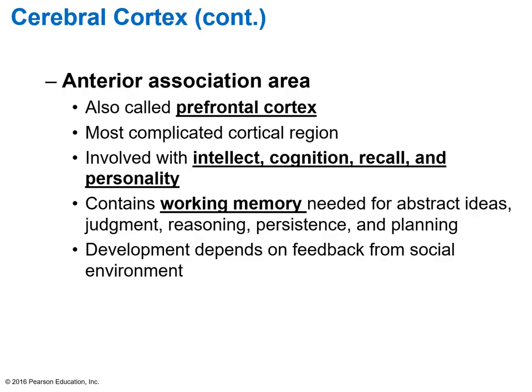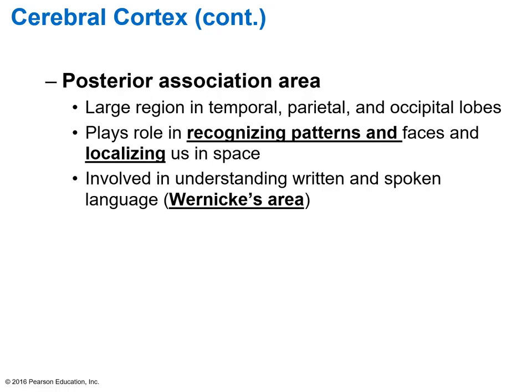It involves your intellect, cognition, recall, personality. Contains part of your working memory that you need to have to reason things out, to make good judgment calls, to help plan things. It helps you respond appropriately to your social interactions.